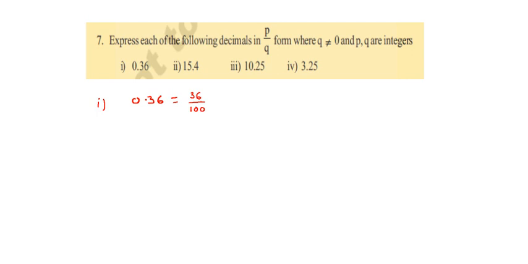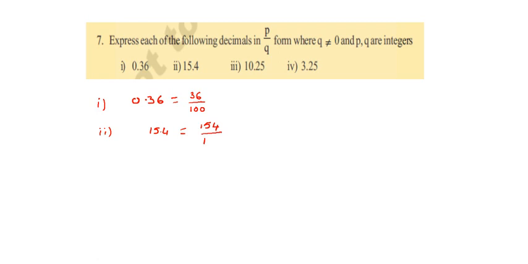36 by 100. In the same manner, 15.4. Here also, you may count how many digits are there on the right side of the decimal. There is only one digit, that is 4. So you remove the decimal point and you write it. That is 154 by 10, you write 1 and put only one 0 on the right side of 1 in the denominator.